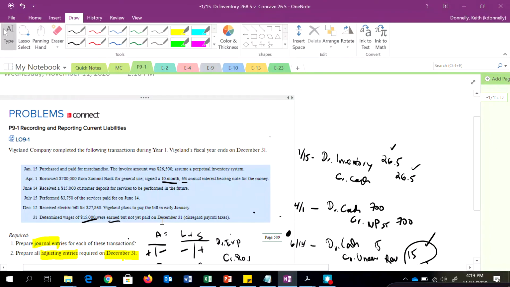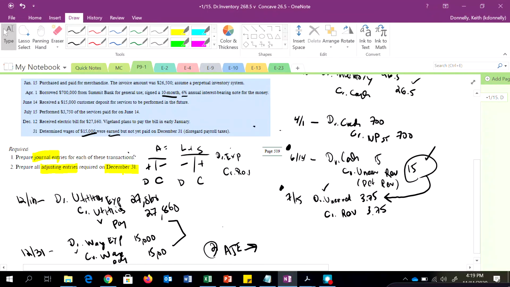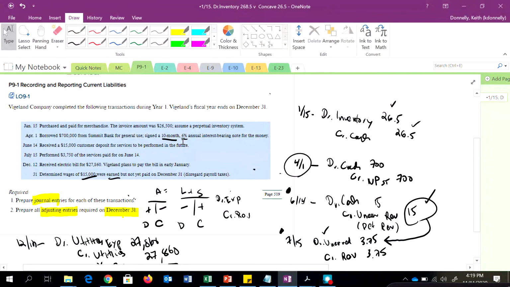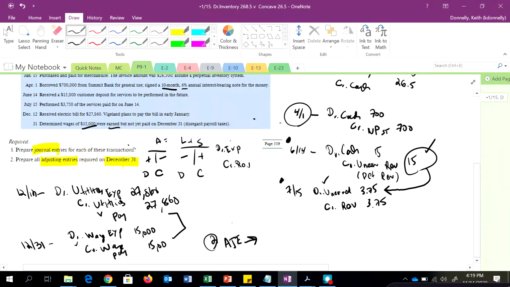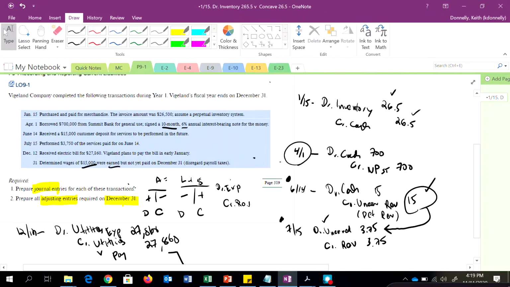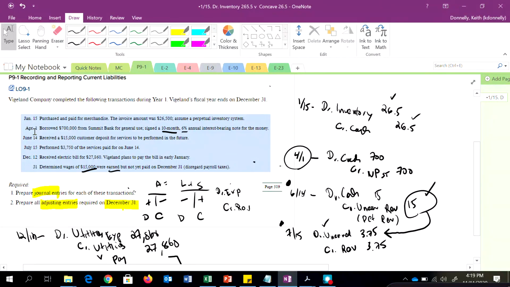And it concerns this guy right here, the note payable, right? We took out a note payable that accrues interest, 6% interest. So what that means is we borrowed $700,000 times 6% interest. We borrowed it, it looks like, on April 1st.